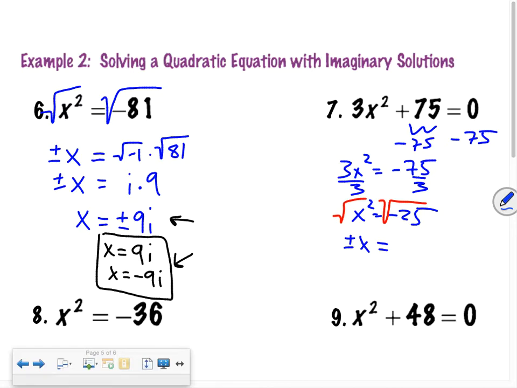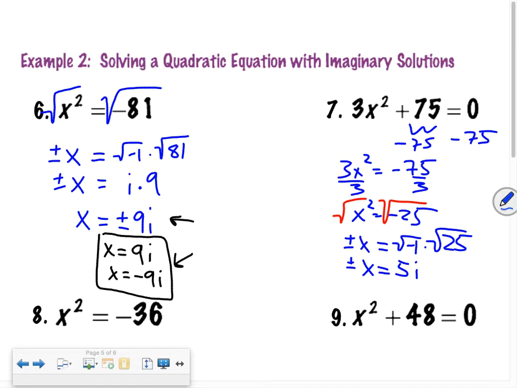We'll pull out the negative part and get the square root of negative 1. And what's left is a positive square root of 25. So our answer is going to be, at this point, plus or minus 5i, because that square root of negative 1 turns into i, and the square root of 25 is 5.